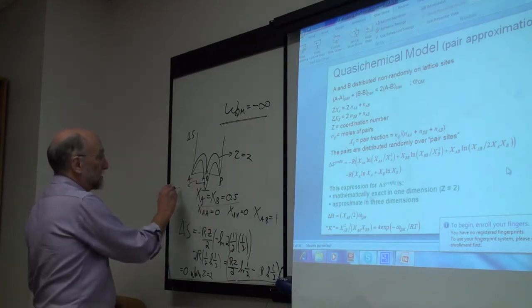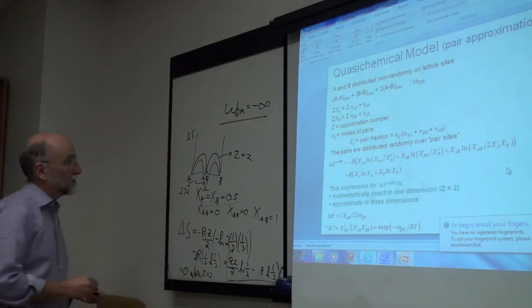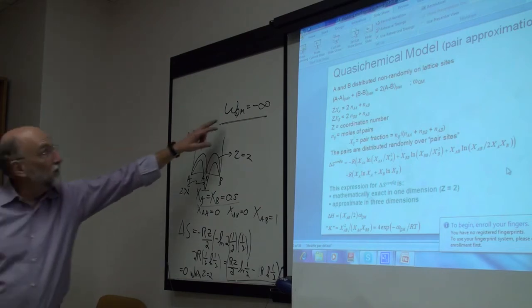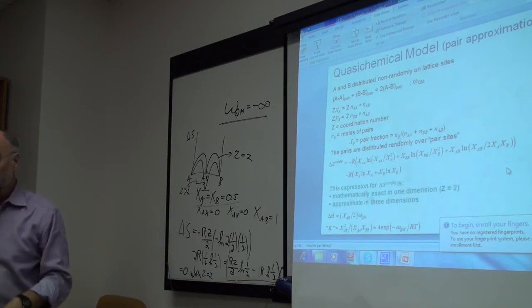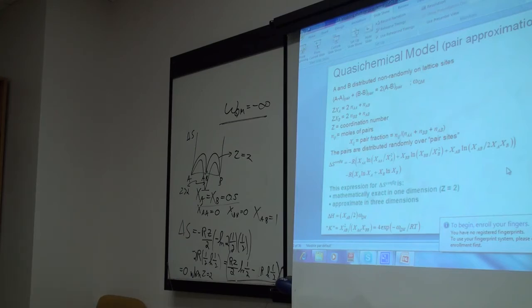If Z is greater than 2 and you have a very negative omega, it goes down to slightly negative values, which is physically not correct. But this isn't because of an error in the concept of the quasi-chemical model. It's an error due to the fact that we're making a mathematical approximation.